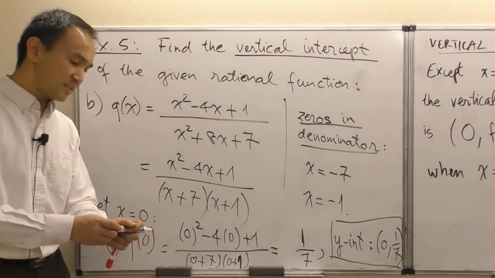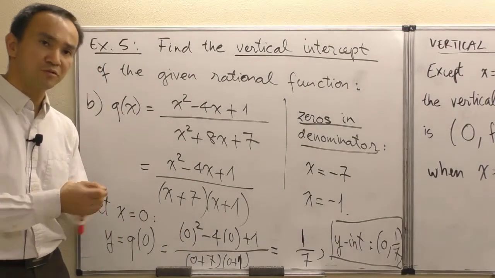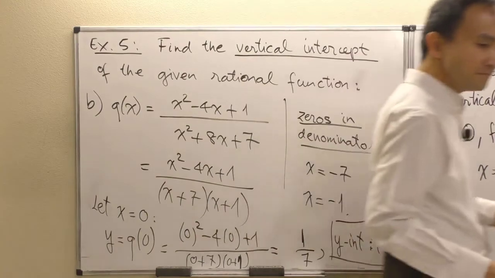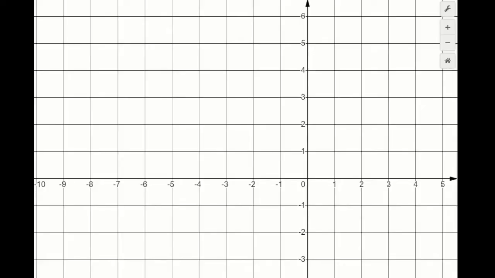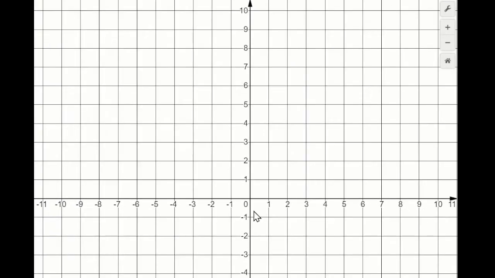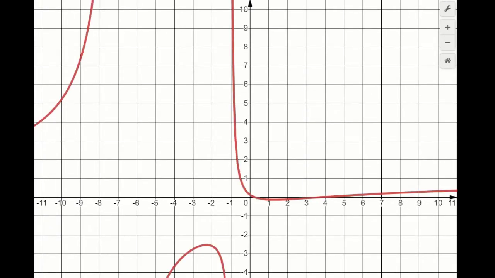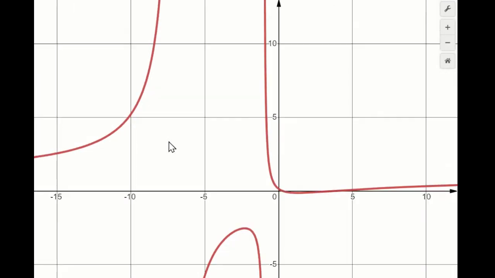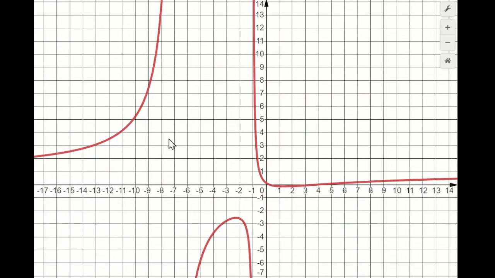Once again, let's use the graph to double check our results. On my graphing space, this is the graph for our function x squared minus 4x plus 1 all over x squared plus 8x plus 7.